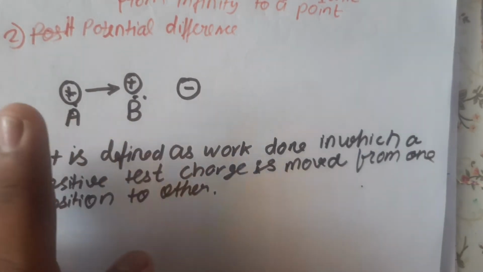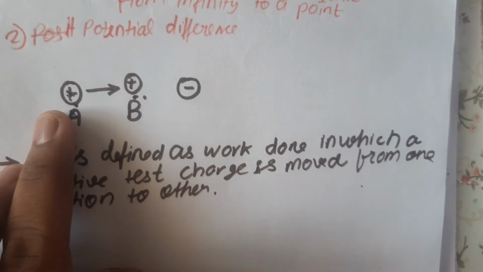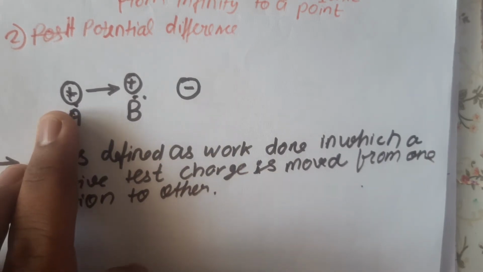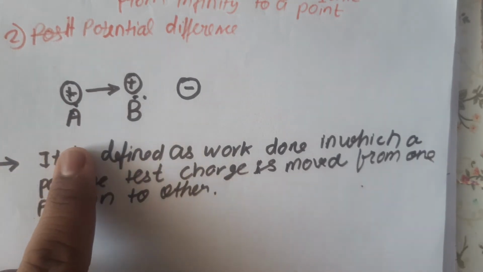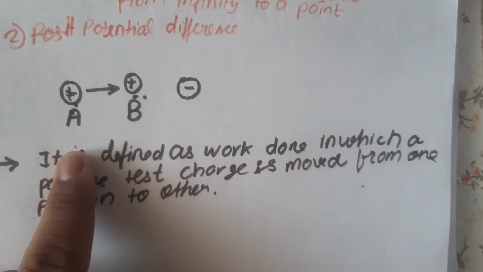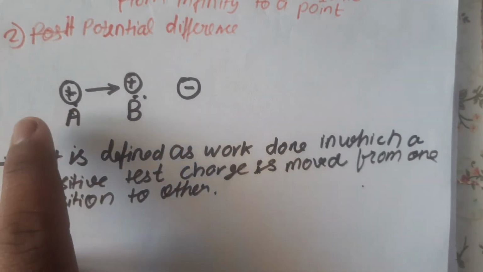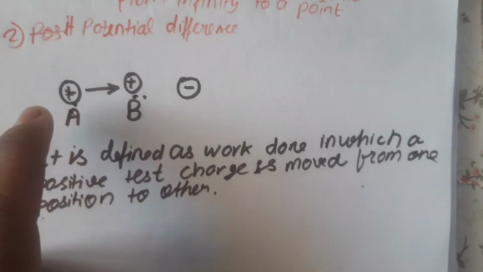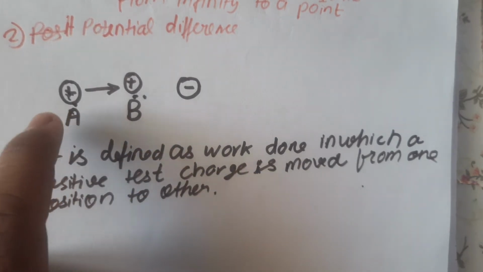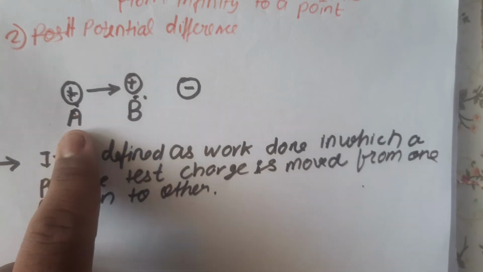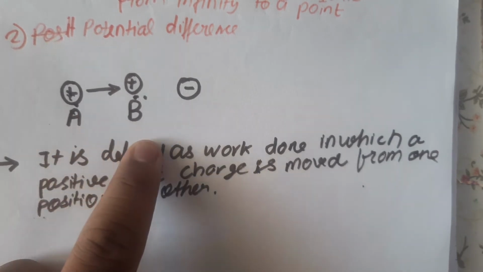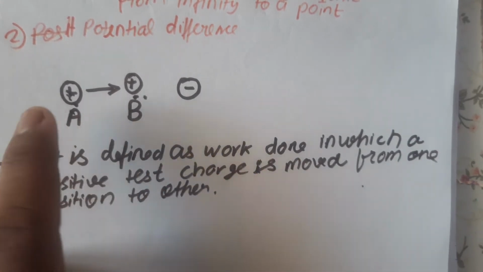The negative charge puts a force of attraction on the positive charge, because as we have learned, like charges repel and unlike charges attract each other. So this positive test charge will be attracted towards the negative one and move towards it. There is a change of position: earlier it was at A, now it is displaced to position B.